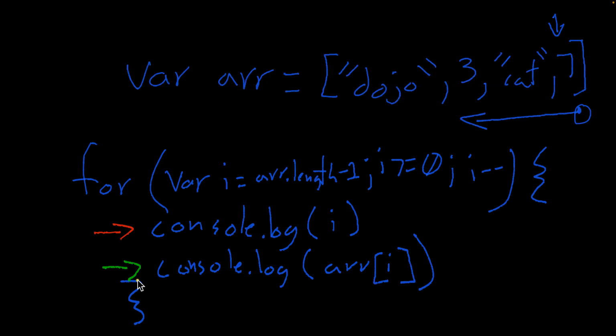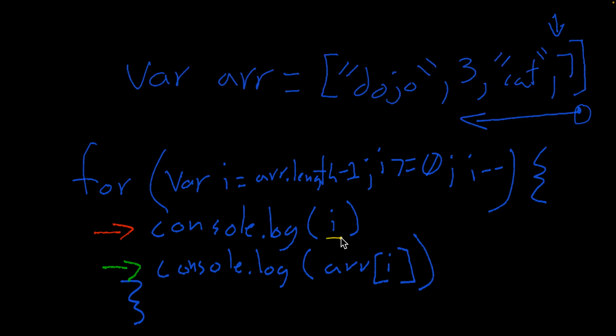Console log i would just say 7 cat 3 dojo with no brackets around it, whereas array bracket i would be bracket 7 comma cat comma 3 comma dojo bracket. Yeah, that's a very specific answer. What I'm looking for is this.